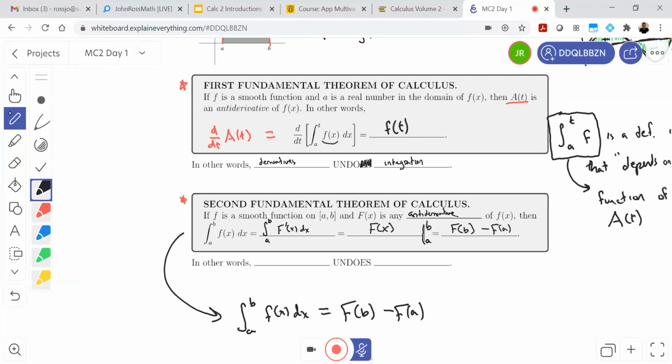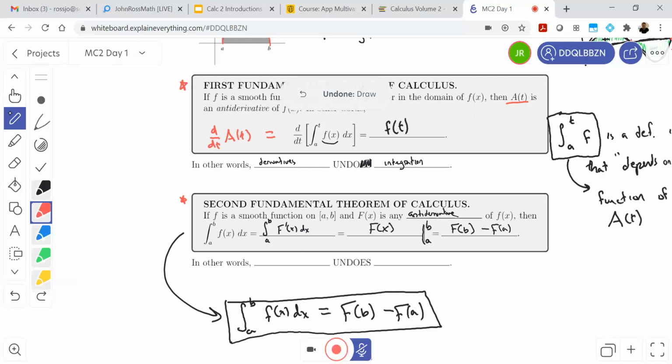If you had a page in your notes and you had a formula boxed, this was probably the formula that was boxed. But again, we can think of this as follows. If we take a capital F, we take its derivative, and then we take a definite integral of it, we recover our capital F evaluated at these appropriate endpoints.